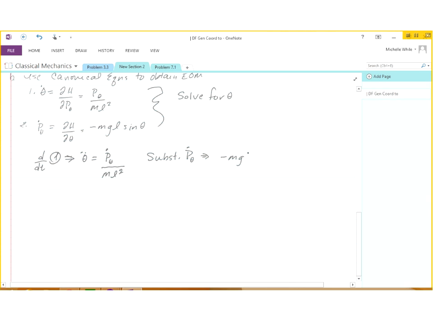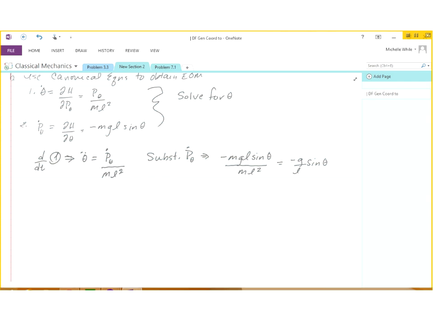So now I have a minus mgL sine theta over mL squared. And you will all recognize this as the equation of motion for a normal pendulum or simple pendulum.